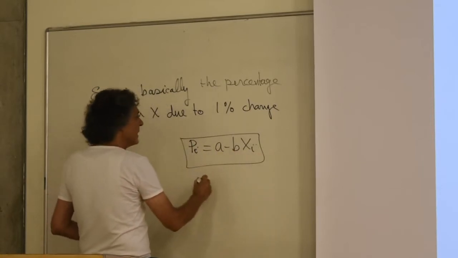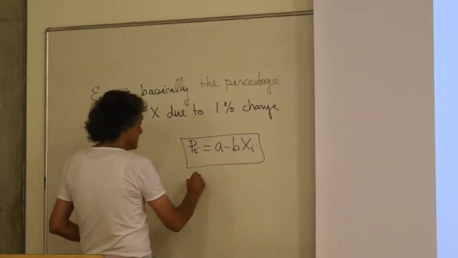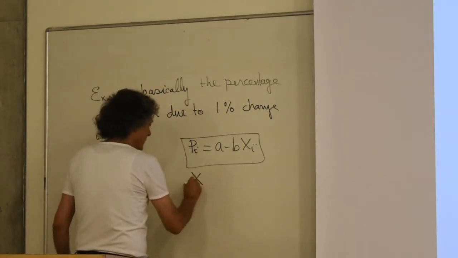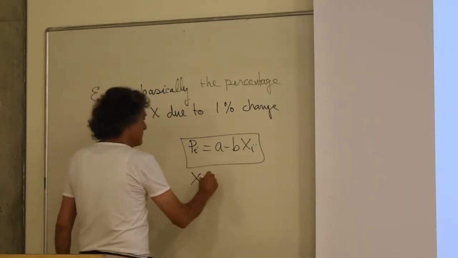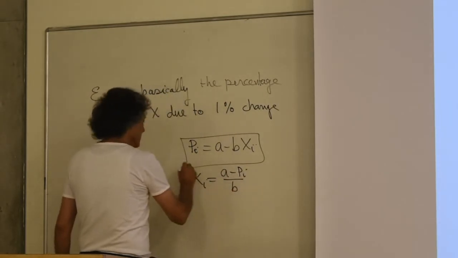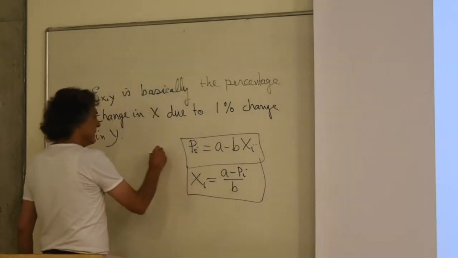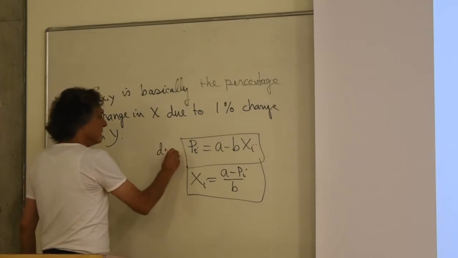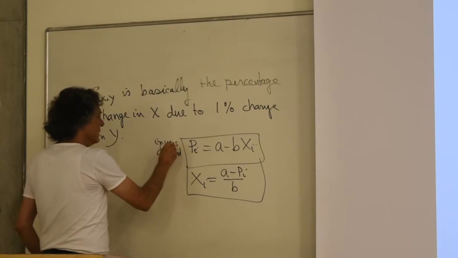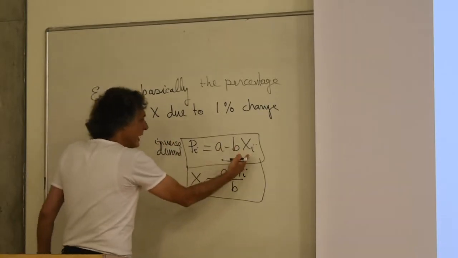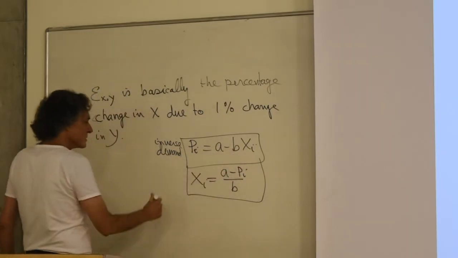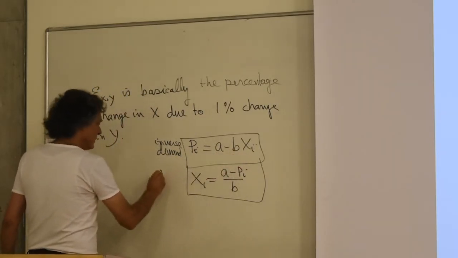From here I'm getting that x_i is a minus p_i divided by b. That's demand. So that's inverse demand. Inverse demand is for a given x, what should be the price such that my demand will be this? And this is demand.